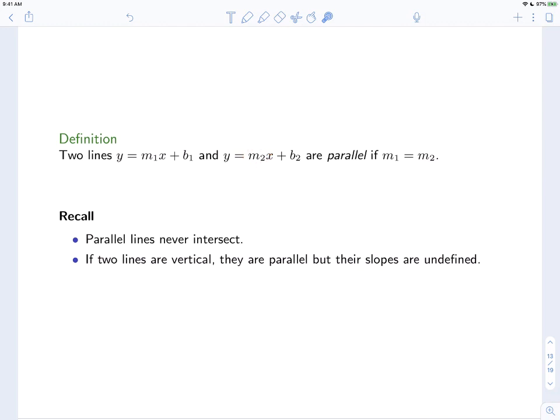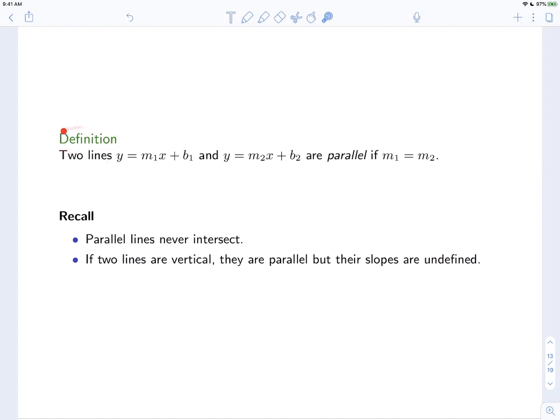Now what do we know about parallel lines? Well, parallel lines are lines that never meet. They never intersect. Now it's also possible that your lines are vertical. If two lines are vertical, they are parallel, but in that case their slopes are undefined, so this expression doesn't make sense.